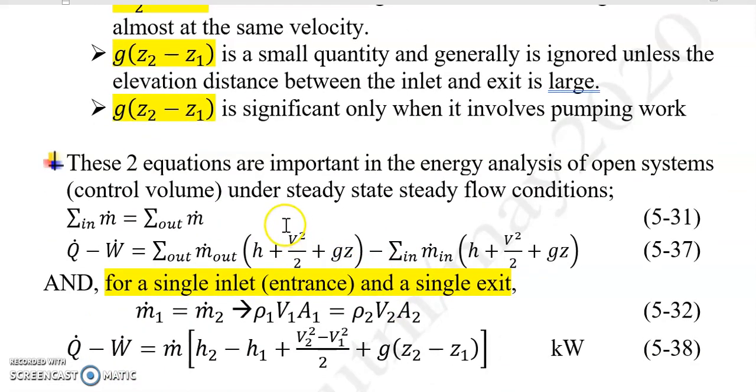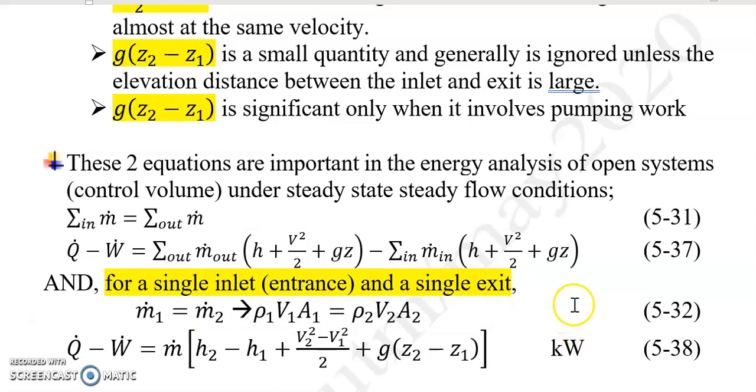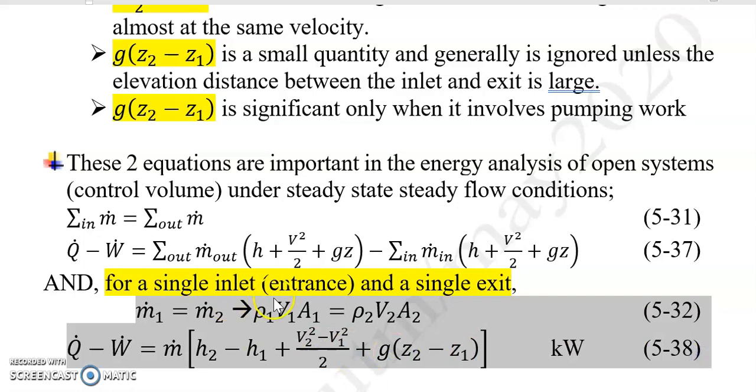These two equations are important in the energy analysis of open systems, control volumes, under steady state, steady flow conditions. It's a basic equation. The conditions are conservation of mass and energy for steady state, steady flow. Very general. It covers multiple inlets and multiple exits. For single inlet and single exit, you have these two equations. Whenever you perform thermodynamic analysis on an open system under steady state, steady flow conditions, you may have this for single inlet, single exit.